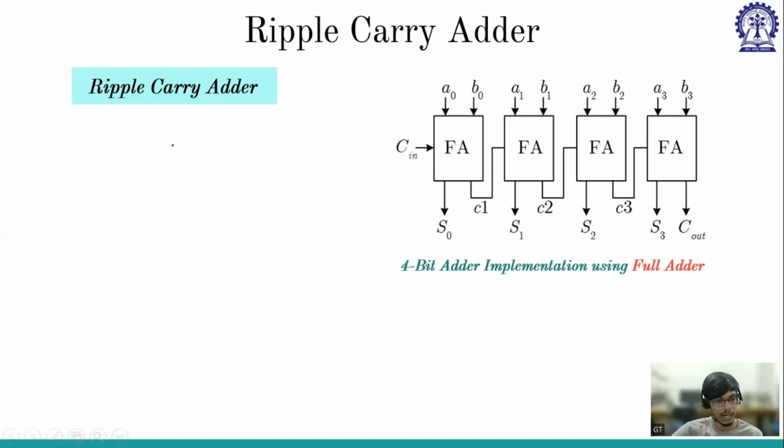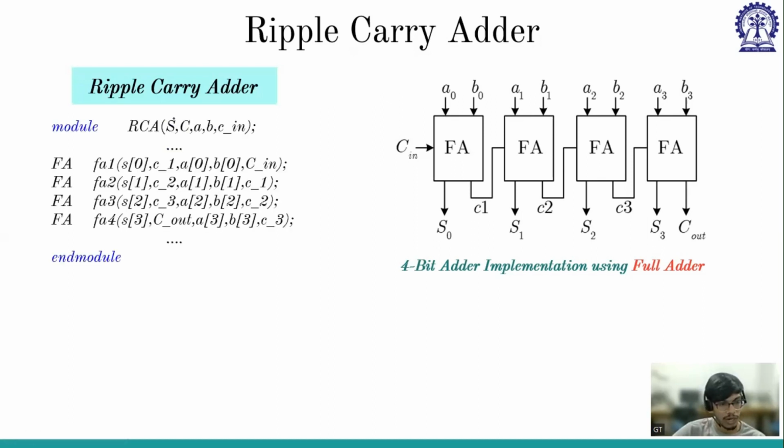So the ripple carry adder is as follows. So I have defined the input, output, everything. It has 4 such full adders. So I'm defining accordingly. This is my output sum, output carry, input A, input B, carry input. Similarly for adder 2, output sum is S1, output carry is C2, input is A1, input is B1, input carry is C1.